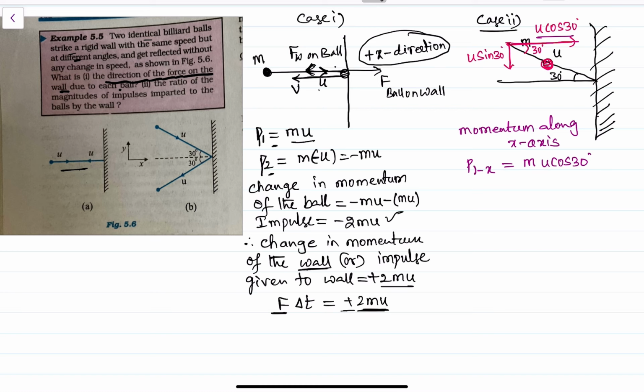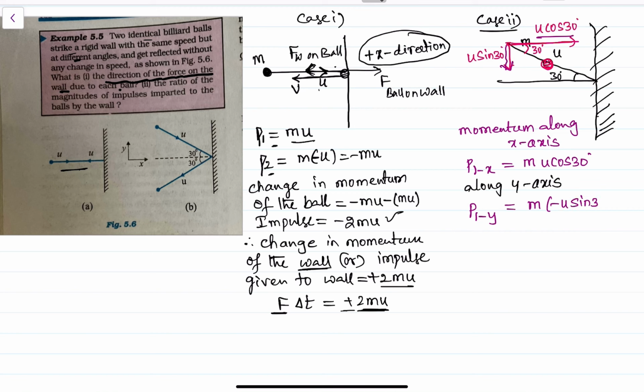Now I am writing the initial momentum along the y-axis. What is the initial momentum along the y-axis? P1y is equal to mass into its velocity along the y-axis, which is minus u sin theta.